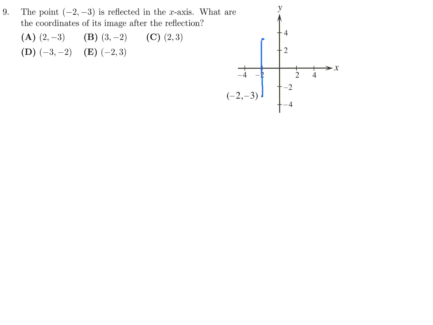If you notice, it just goes straight up like that. So the x-coordinate is the same. But obviously the y-coordinate will change. It was -3, so it was down here. Now it's going to be up here, exactly the same distance from the origin. So it was 3 below, now it's 3 above. So instead of -3, it's +3. And there you go, (-2, 3). And that is E for number 9.